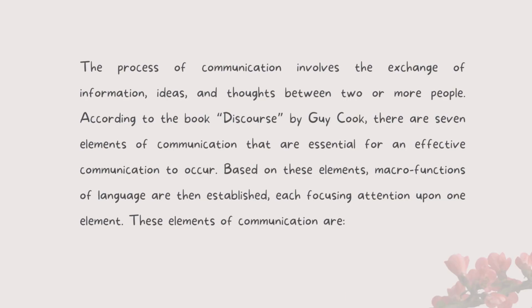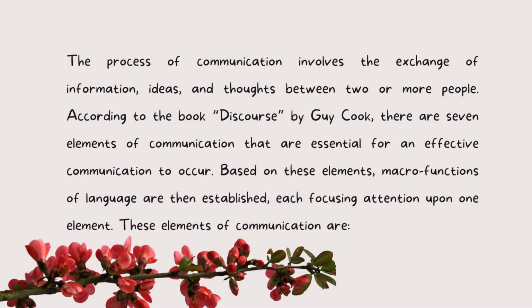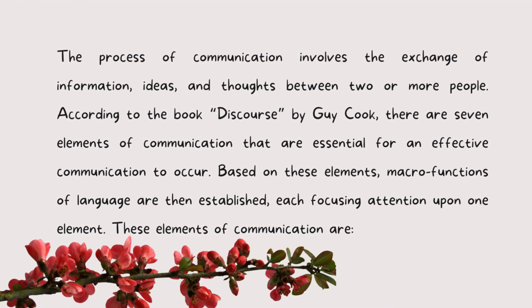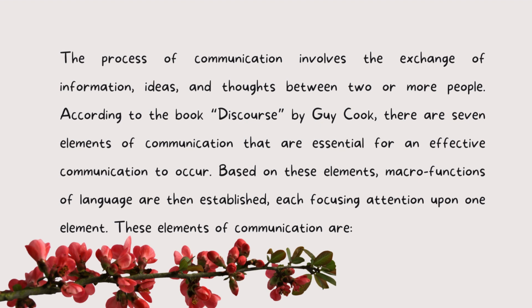Let's start the lecture. The process of communication involves the exchange of information, ideas, and thoughts between two or more people. According to the book Discourse by Guy Cook, there are seven elements of communication that are essential for effective communication to occur.